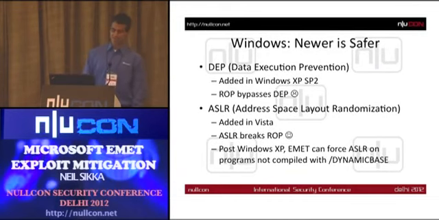And then for applications running on operating systems past Windows XP, EMET can force ASLR on programs even if they were not compiled with dynamic base. So in general, as you can see, upgrading Windows is recommended to stay safe, but for the hospital situation where they can't upgrade Windows and they can't redeploy and reinstall everything because it's been already approved or whatever, they can at least use EMET to make it safer.